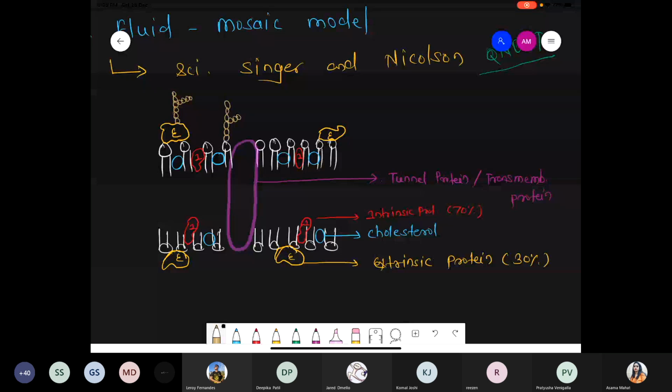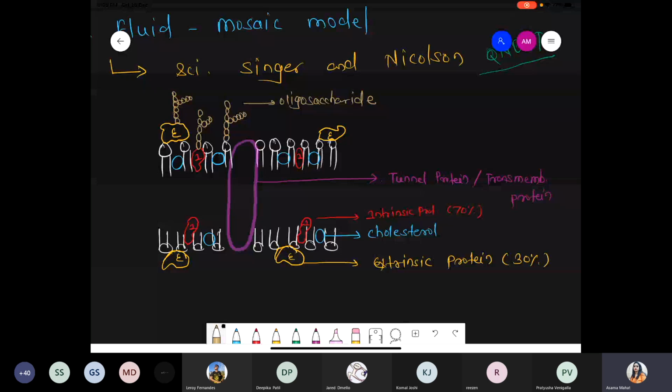And sometimes the oligosaccharides attach to the intrinsic protein also. So please make sure these structures are called oligosaccharides, attached to the external protein, the internal protein, as well as the lipid. That's why they can form glycolipid as well as glycoprotein.